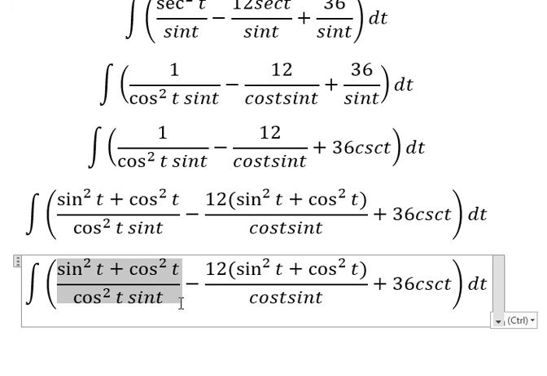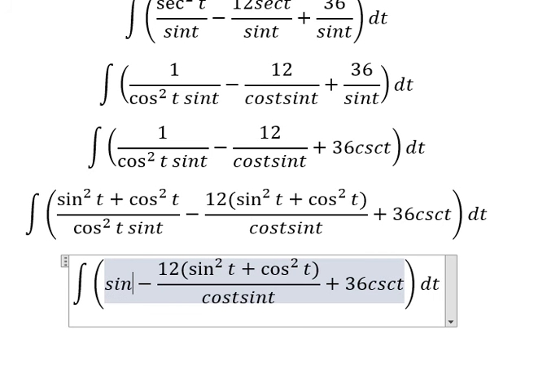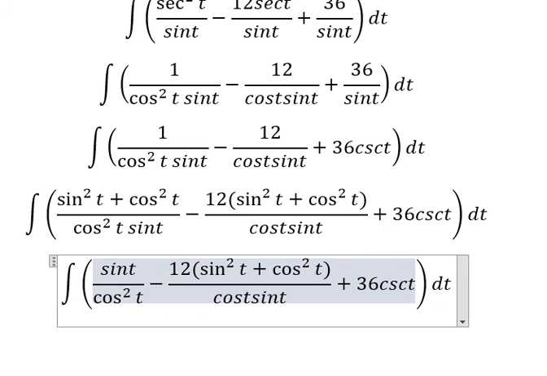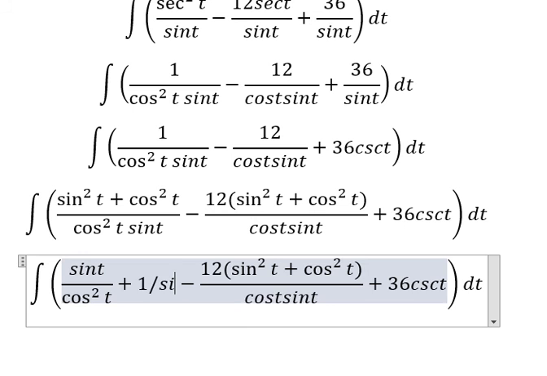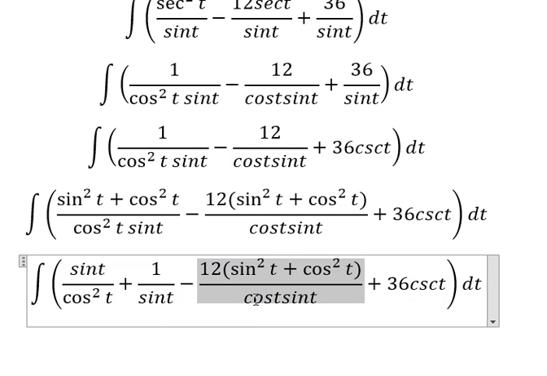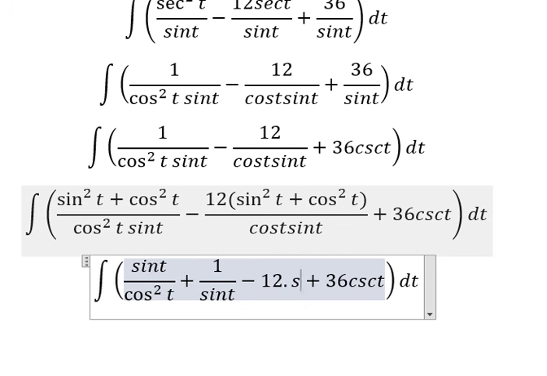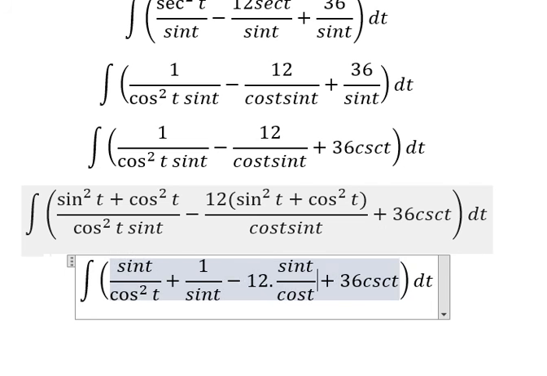And now we get these fractions here. The first one is sine t over cosine t squared. The next one is 1 over sine t. This one you get sine t over cosine t.